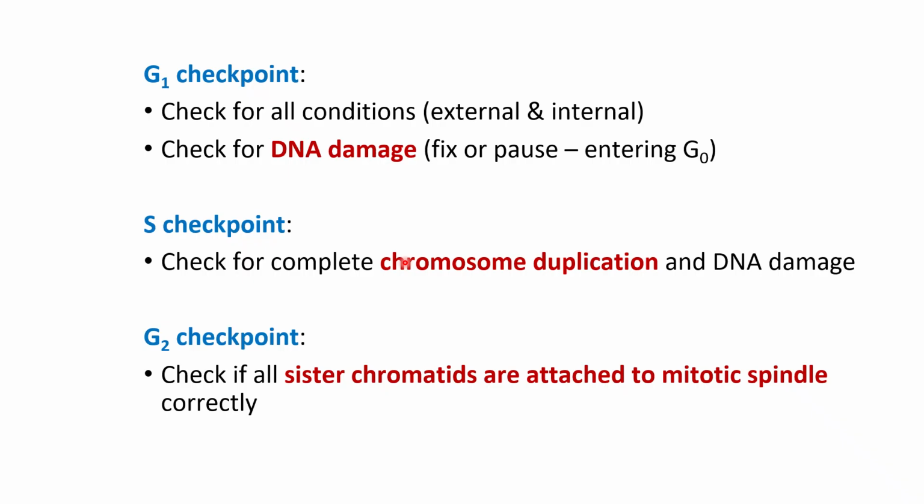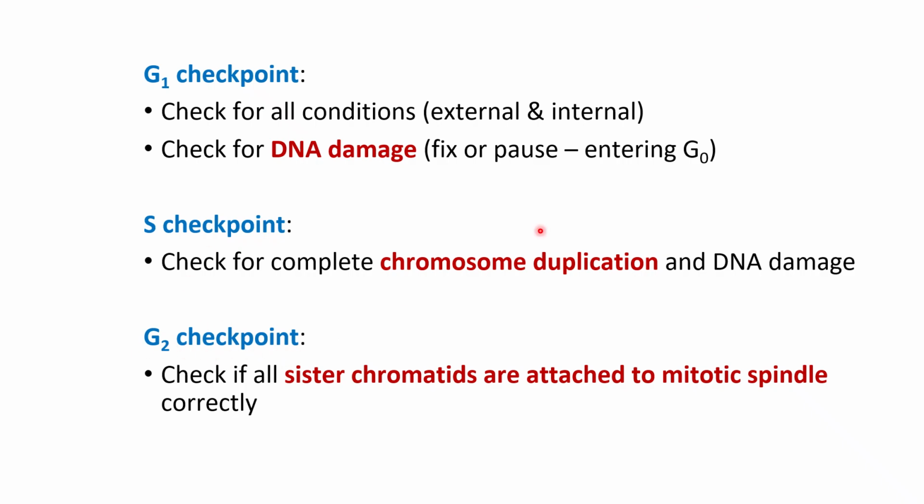And if it's not, then it can continue to go on to the next point in G2, right? But we don't want to pass damaged DNA because we want to make sure that we're passing correct genetic material that's crucial for cell division and normal cell function.